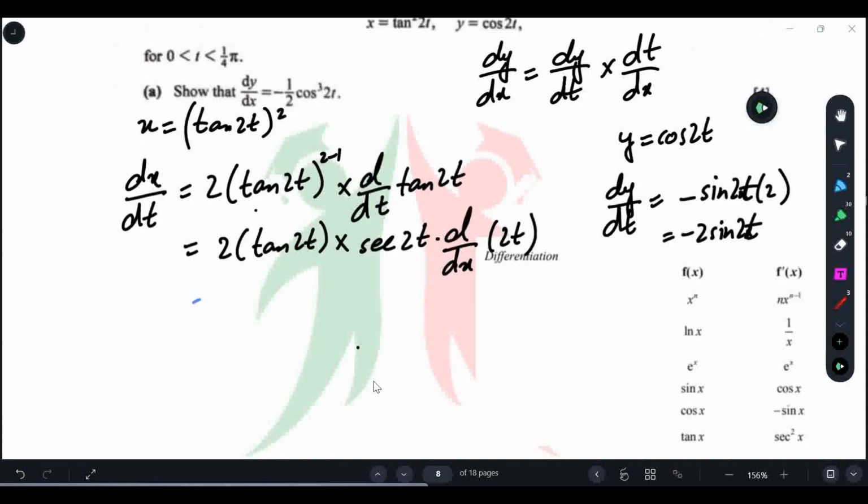So overall this will be 4 tan of 2t secant squared of 2t.